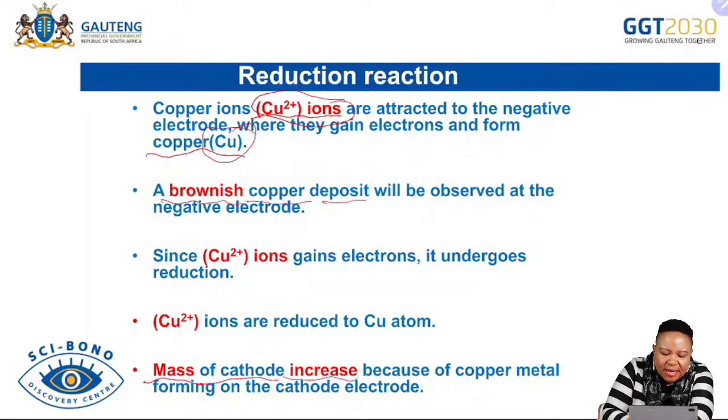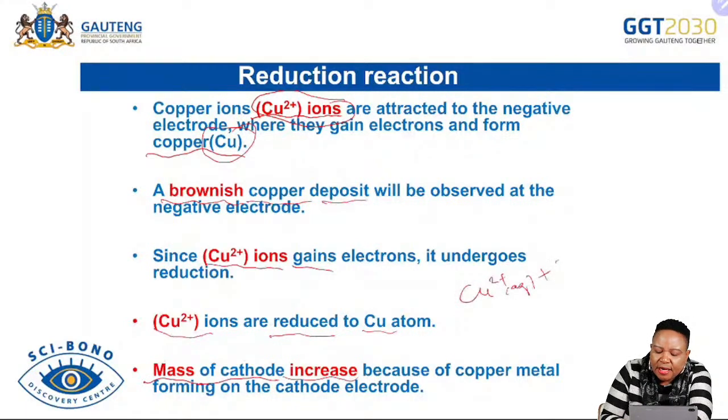So what is going to happen is that the copper 2+ ion will gain electrons according to the reduction process, and those copper ions will be reduced to copper atoms. The process we are going to see is copper 2+, which is aqueous, gaining 2 electrons from the chloride ion side and producing what?